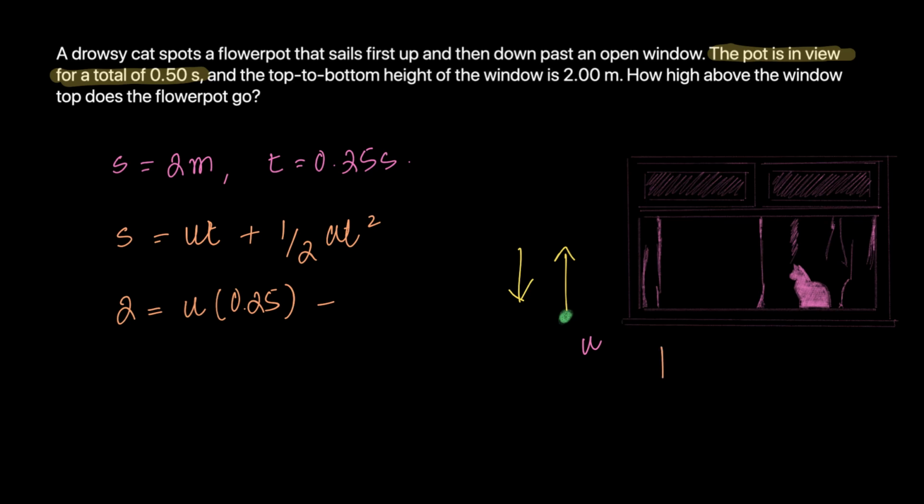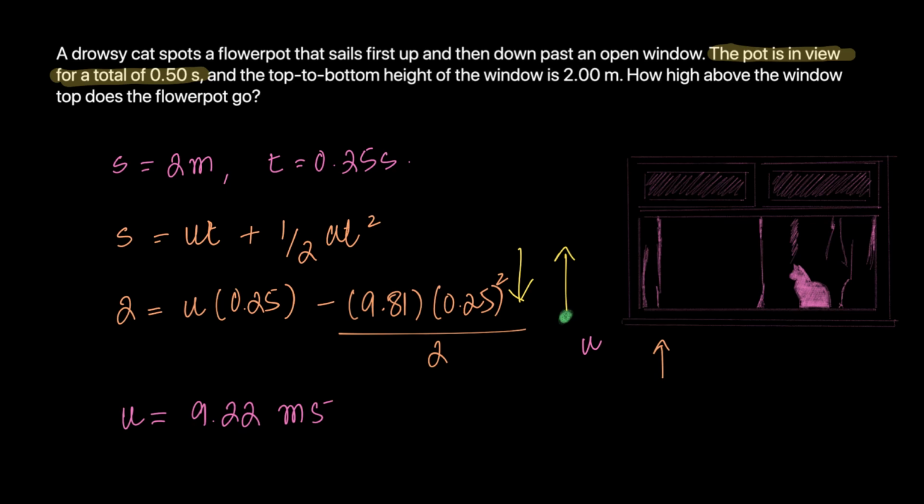Because we're taking up as positive, as our distance is positive over here. So it's actually decelerating, so it's negative 9.81 times 0.25 squared, which we know what that is, divided by 2. Let's solve this. We're getting the initial velocity as 9.22 meters per second.